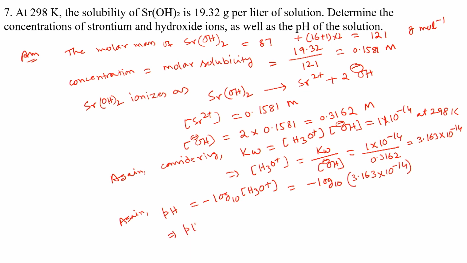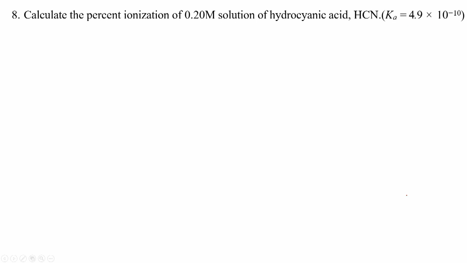So, if you carry out this one, we get the value of pH. So, pH is 13.50. Okay, so therefore, the pH of the solution is 13.50. Next, we move to problem number 8.